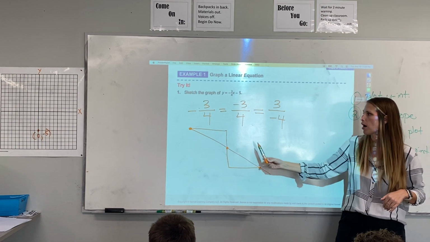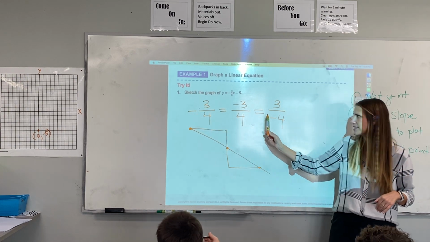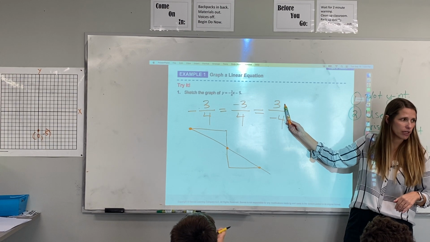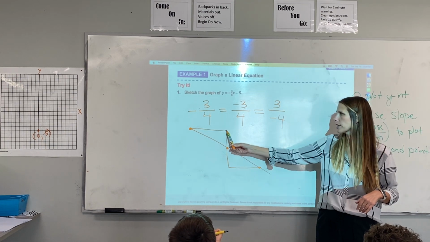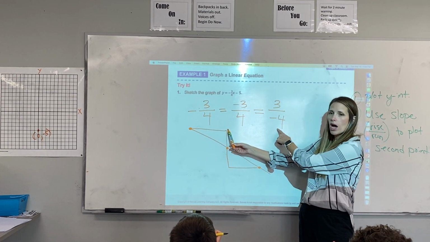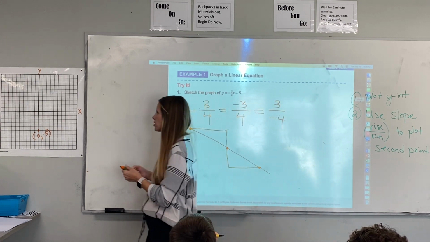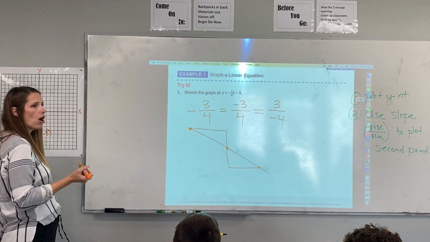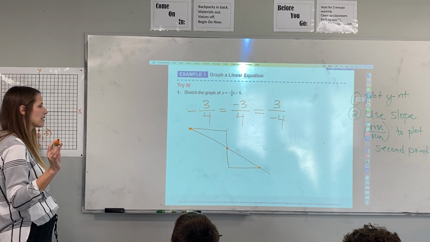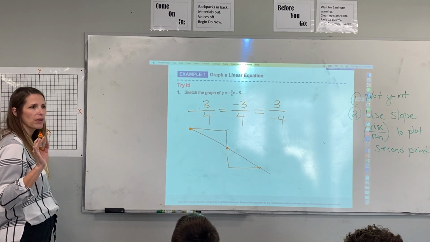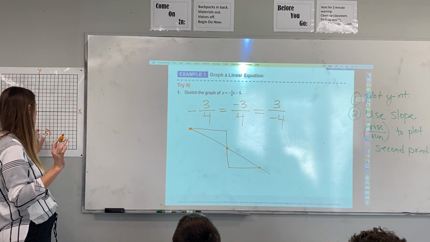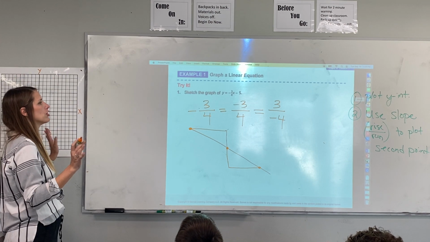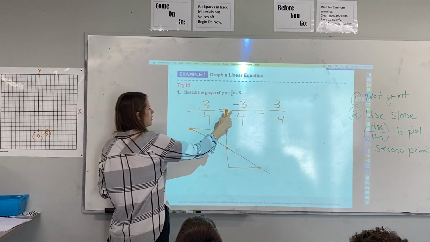But if you want to interpret your negative as a +3, you can go up 3, but then your run has to be negative and go in this direction. So if my point is all the way down here, technically I still have enough room to do it this way.